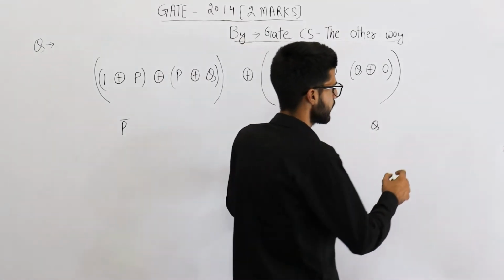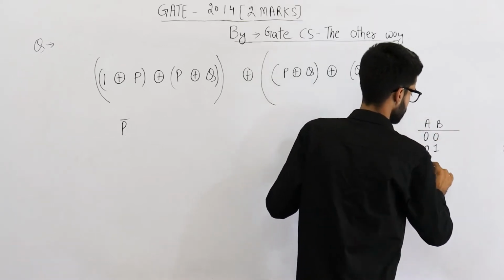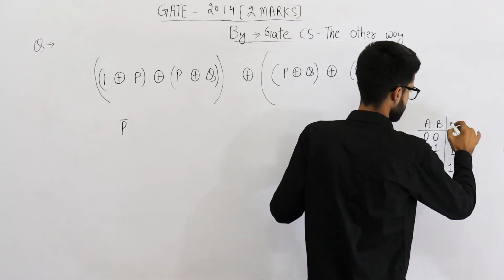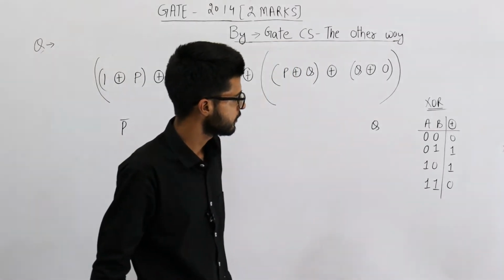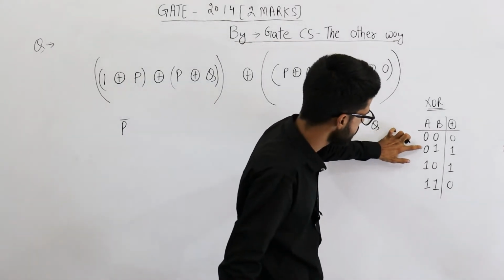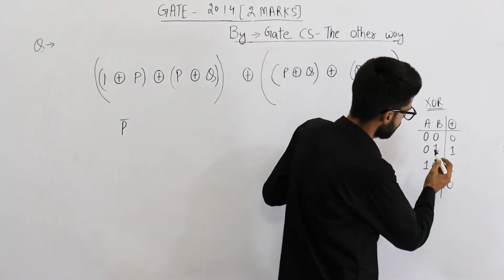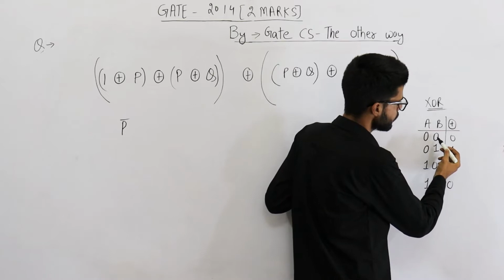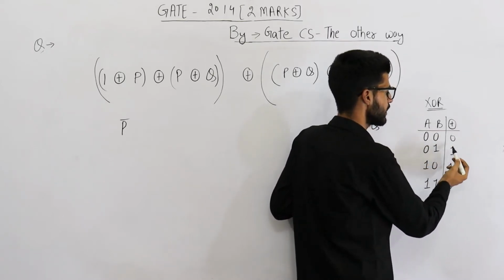You can also have a look at this truth table. So I've drawn the truth table here. You can see if one input is 0, in that case, the other input is outputted as it is. So 0 XOR 0 is 0, 0 XOR 1 is 1.